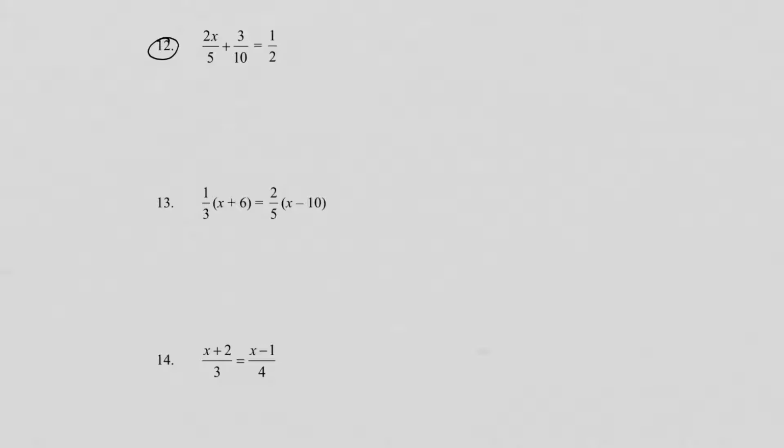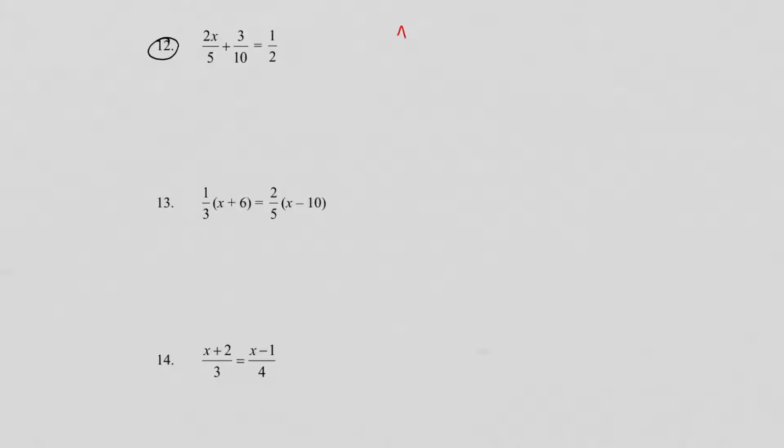And so one of the tools in your toolbox that I have listed there is to clear out the fractions, or basically the denominators, by multiplying all the terms by the LCM, the least common multiple. Okay, so that's what we're going to do here.